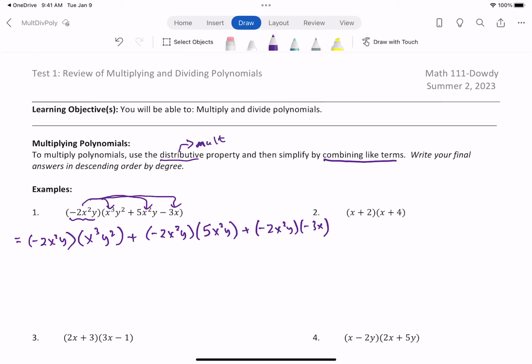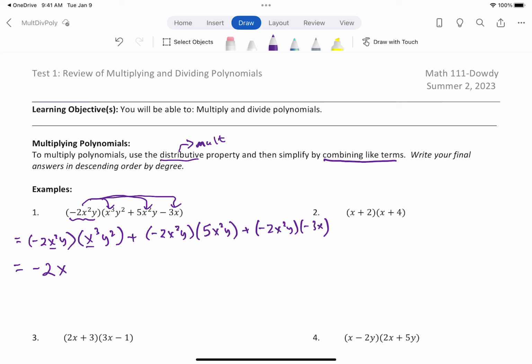So if I look at my first multiplication, I have negative 2, and since there's not a coefficient in the second parentheses, that's the same thing as negative 2 times 1, so that's going to be negative 2. Then you notice that each one of them has an x variable that is like bases being multiplied.